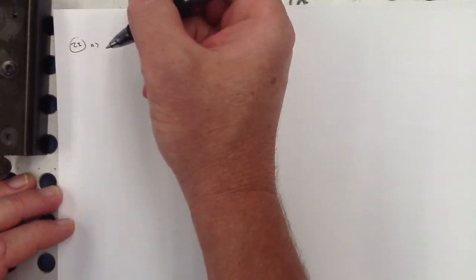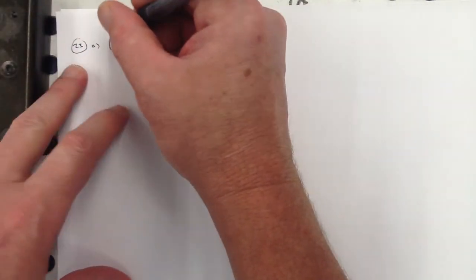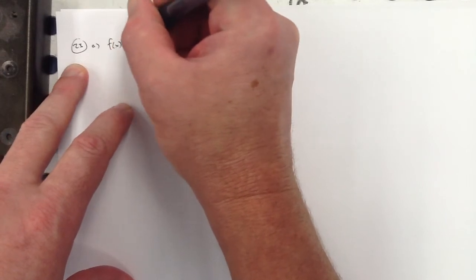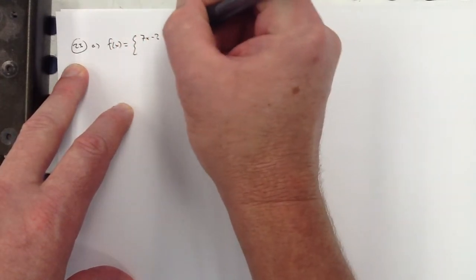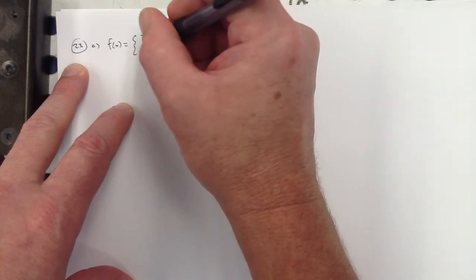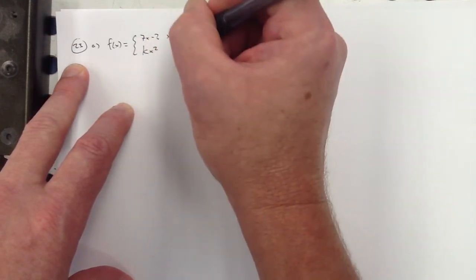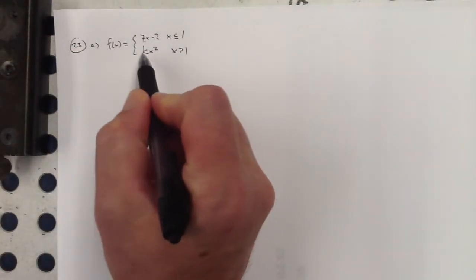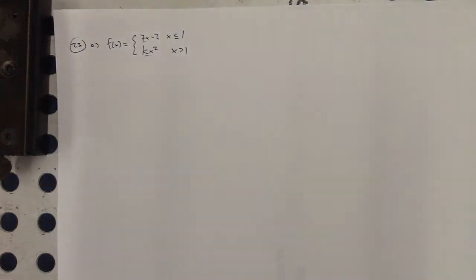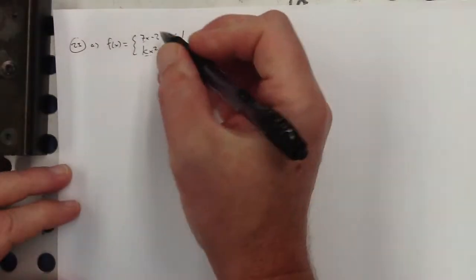A. Got f of x is equal to 7x minus 2 when x is less than or equal to 1, and k x squared when x is greater than 1. All right, that's all fine, great. This thing right here doesn't have any problems, and this doesn't have any problems. That's not really what this is about. What this is about is making the two pieces of the piecewise function match up to each other.